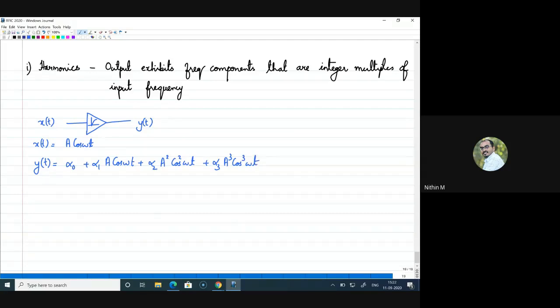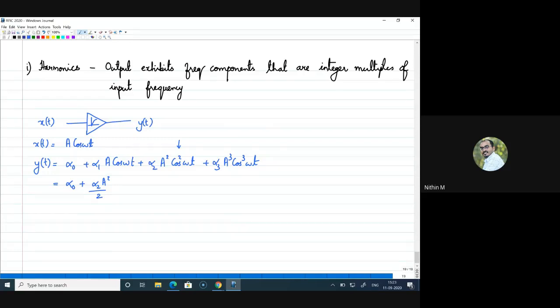And we have analyzed all these, and we know that this will give a lot of frequency components, but we will look only at the fundamental and the harmonic components for the time. I will write DC also. The DC components are alpha naught plus alpha 2 a square by 2. DC offset components generally come from the even order terms.